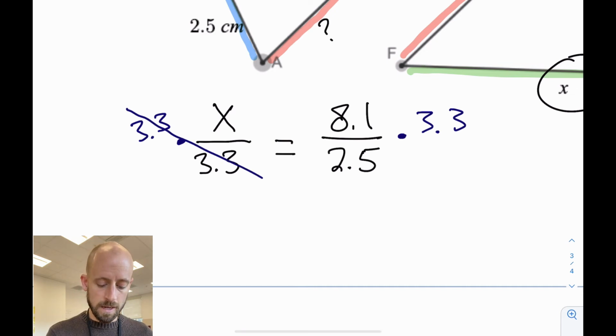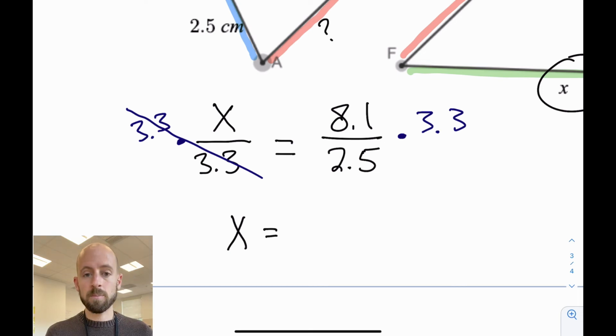So when I do that to the left, those cancel, making 1x. So now I have 1x, which equals 8.1 divided by 2.5 times 3.3. The 3.3 really gets multiplied times 8.1. So we're really making this multiplication happen right there.